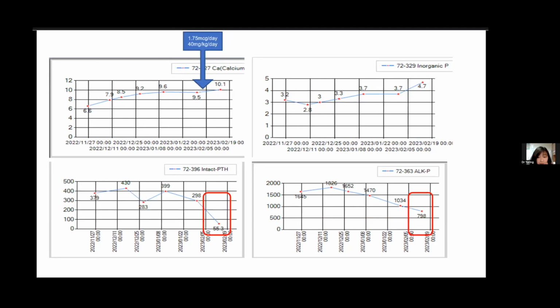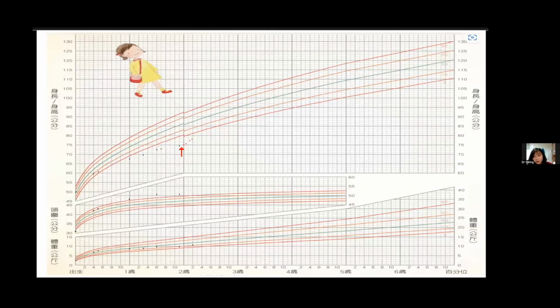Then there was a dramatic improvement. From the clinical view, she has had catch-up growth in these 2.5 months since medication. Also, she can walk fast now, which is a big improvement after the treatment. And less constipation was noted as well.